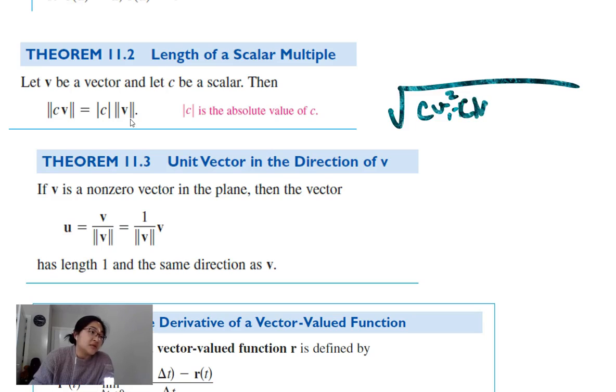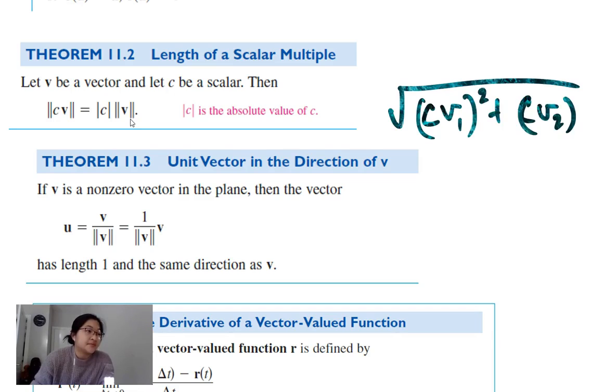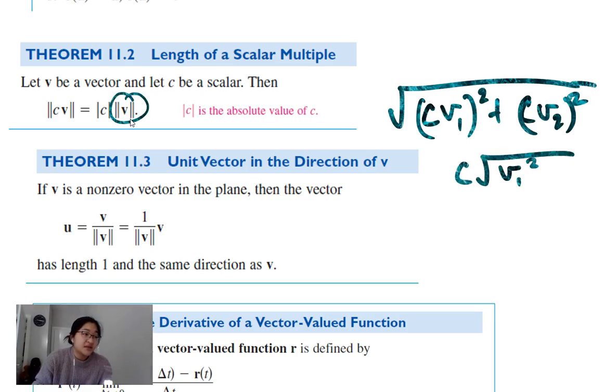You don't have to deal with this as cv1 squared plus cv2 squared. You don't have to do that because, well, factoring, right, c will come out. You can just deal with your vector, because that's the same as that, because c is able to factor out of both terms.